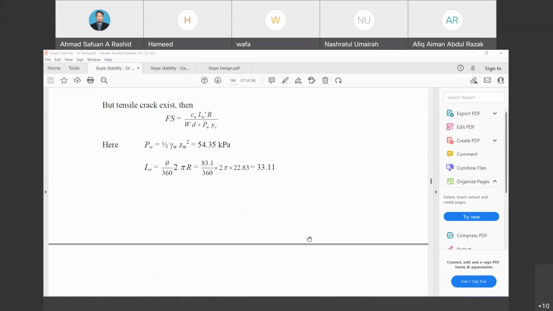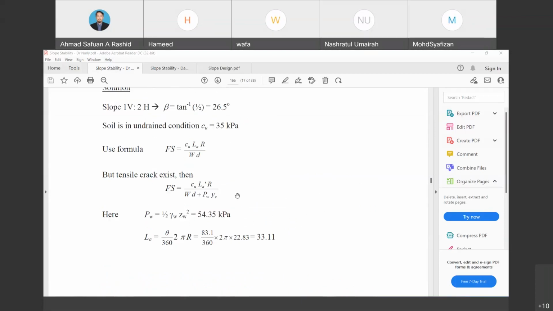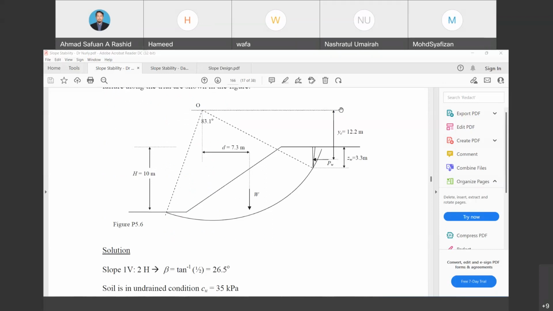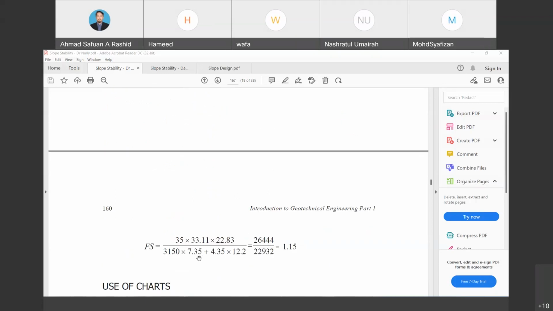And then you need to do some amendment on this example. The YC is the moment arm, which is 12.2, and then need to multiply with the PW. PW is 54, not 4.